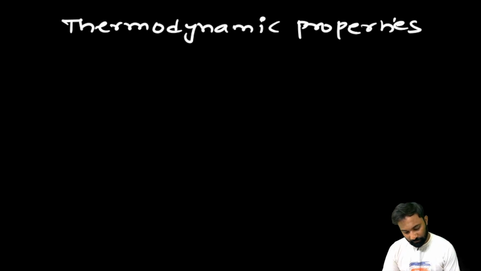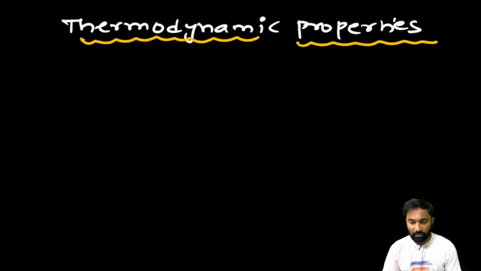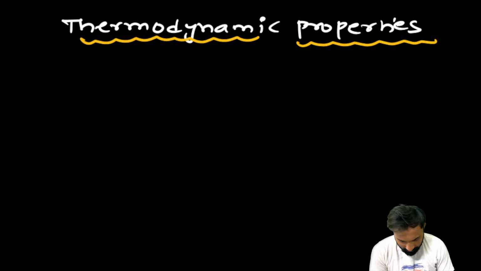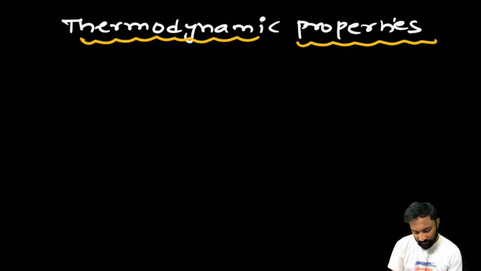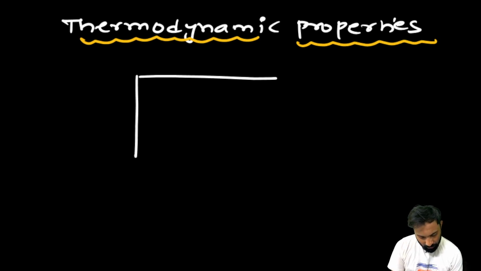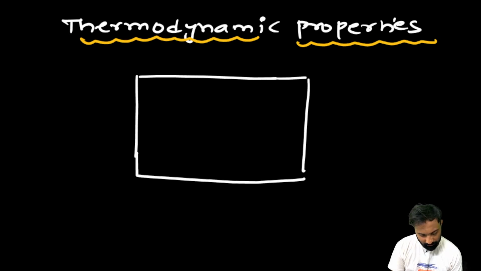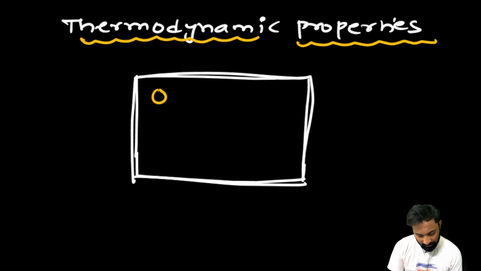Let's suppose the physical quantities which define the system completely are called thermodynamic properties. Clear? Here, let's suppose I take one closed container. Done. This is the closed container I have taken. In this closed container we have the gas.